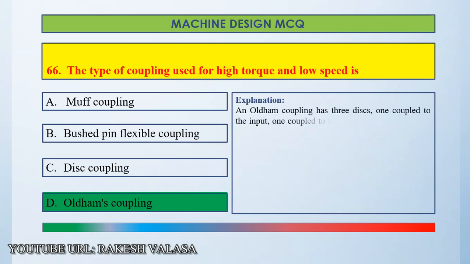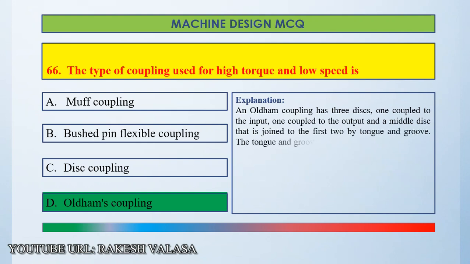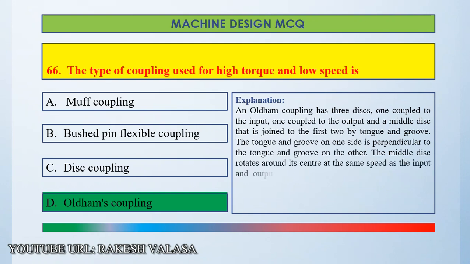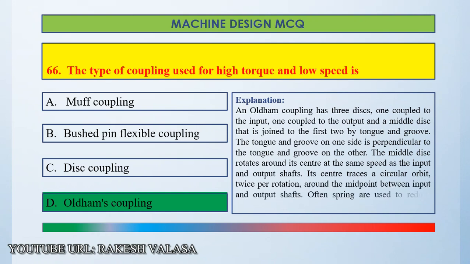An Oldham coupling has three discs, one coupled to the input, one coupled to the output, and a middle disc that is joined to the first two by a tongue and groove. The tongue and groove on one side is perpendicular to the tongue and groove on the other. The middle disc rotates around its center at the same speed as the input and output shafts.